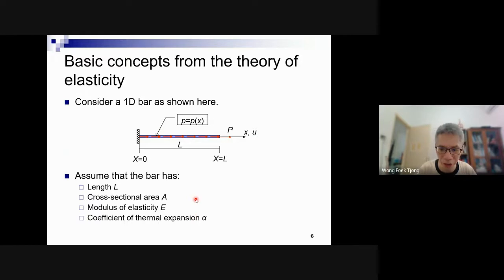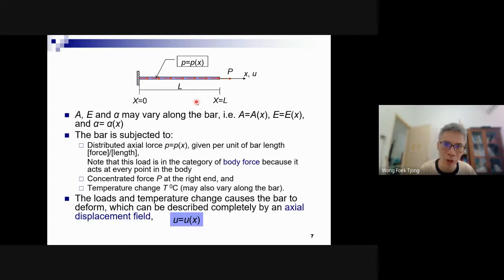A, E, and alpha don't have to be constants. It means they may vary along the bar. In other words, A, E, and alpha may in general be functions of x. X is the coordinate. Let's say the origin of the coordinate is here, so they can be in general functions of the coordinate.